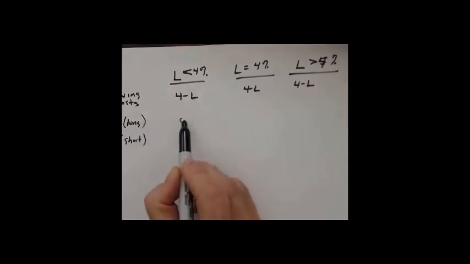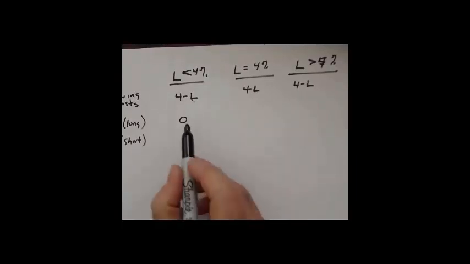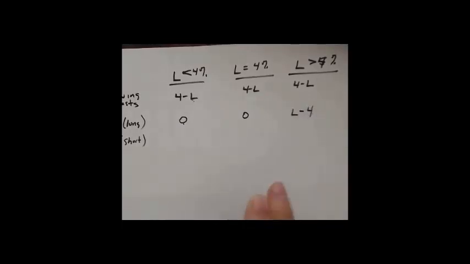Then we're going to look at the call payoffs and the put payoffs. This is a long call, and this is a short, in other words, written put. When you have call options with a strike of 4 and you're long a call and rates go down, just like when we covered stocks and stocks go down, the payoff is 0. When you're at the money, the payoff is 0. And when you're in the money, it's going to be L minus 4, because you're going to get L, positive sign, and you're going to pay the strike of 4.